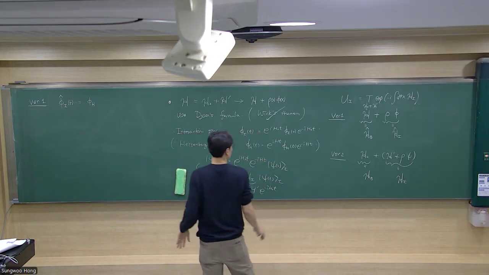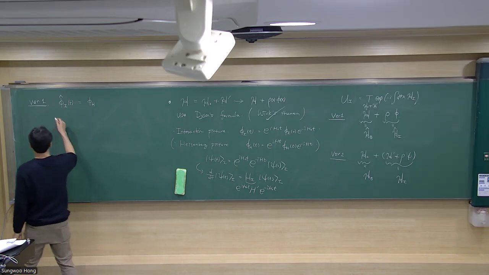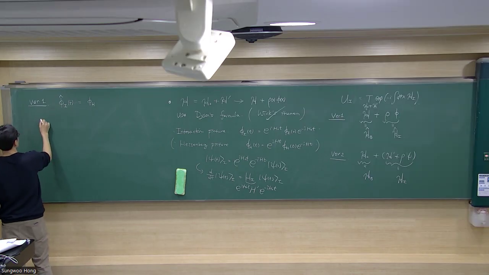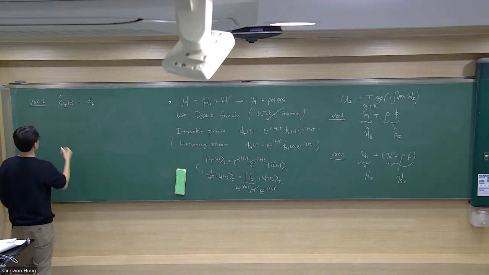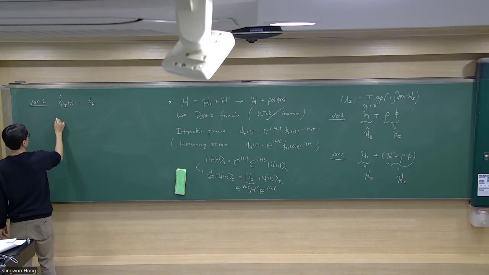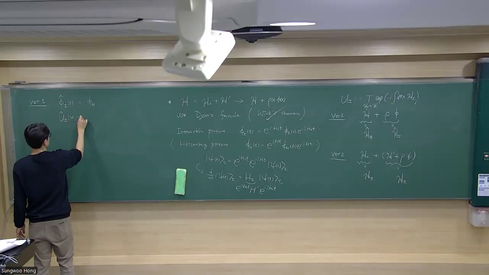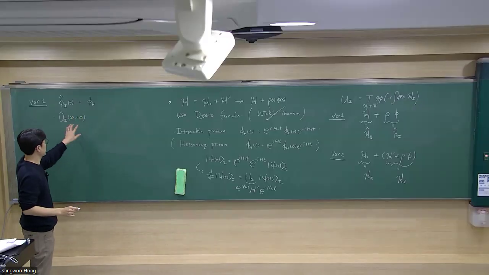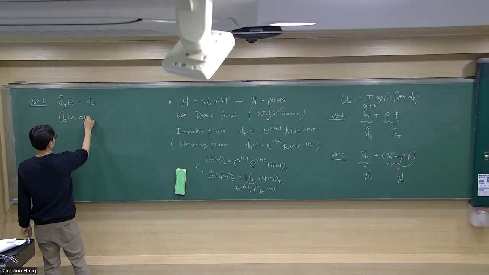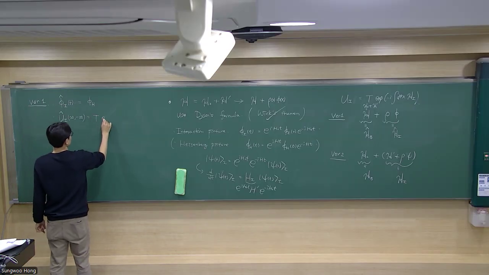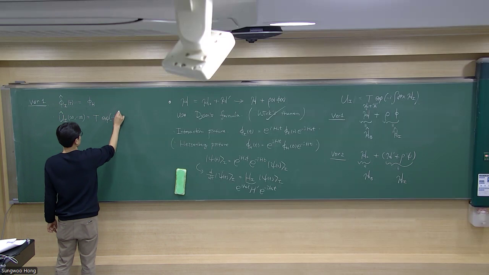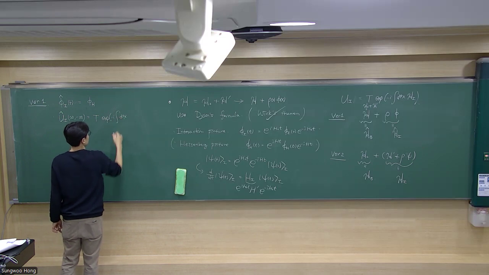So then we are ready to write down. Here we're going to look at a vacuum to vacuum transition amplitude. So U_I hat, again I'm putting a hat to distinguish this operator, otherwise known as the S operator, is given by the time ordering of the exponential of minus i times the integral of d^4x.